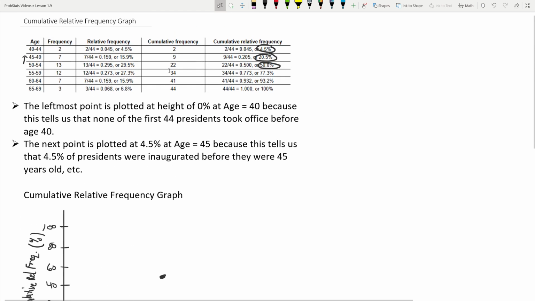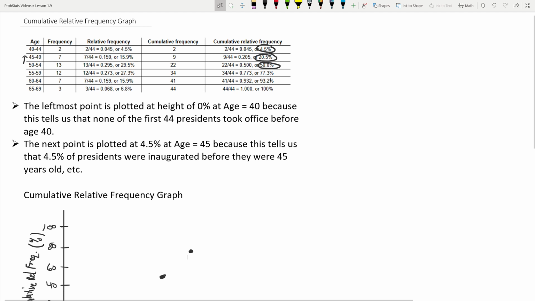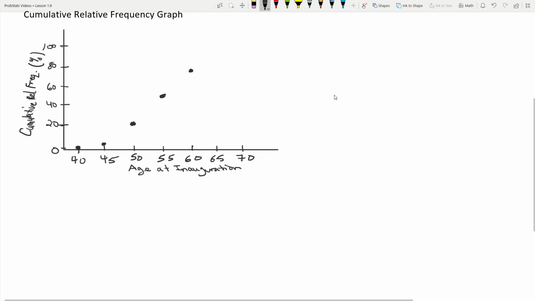Our next one, 60, is 77.3%. For 65, 93.2%. And then 100%.